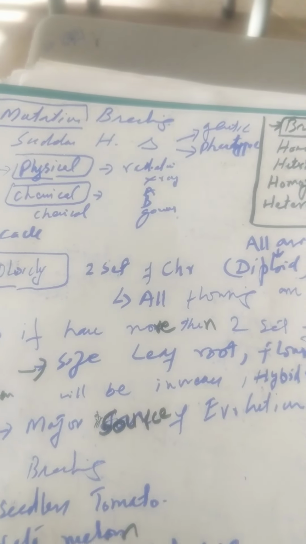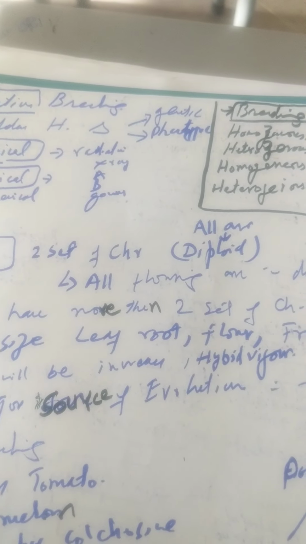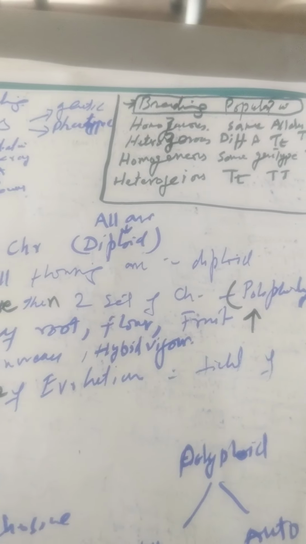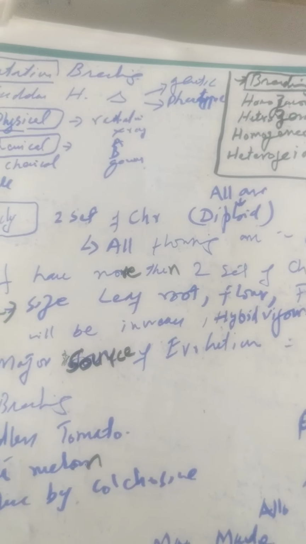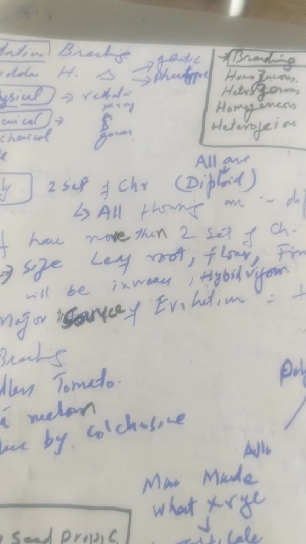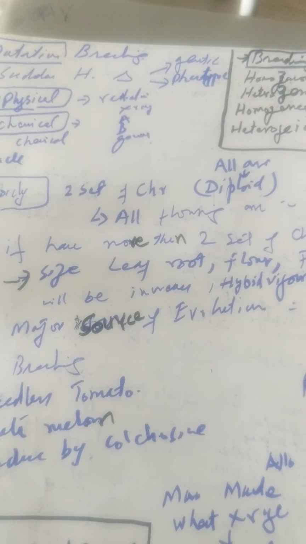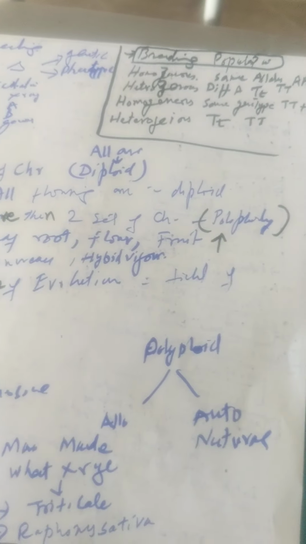When chromosomes increase, the size of leaves, roots, flowers and fruits also increases. So it is a major source of evolution in the field of breeding. Examples are seedless tomato and watermelon, induced by colchicine.